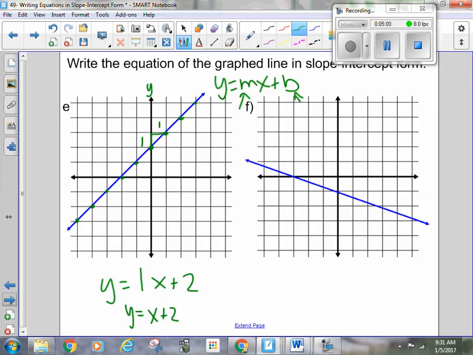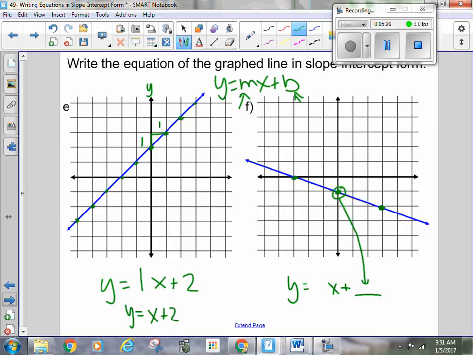Okay, so in my next graph for F, my y-intercept is down here at negative 1. So I'm going to put negative 1 in for my y-intercept. Now I need to find my next ordered pair. I'm going to see it cross here, and in your book it crosses there, so just keep that in mind.